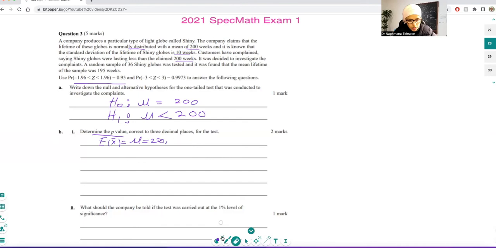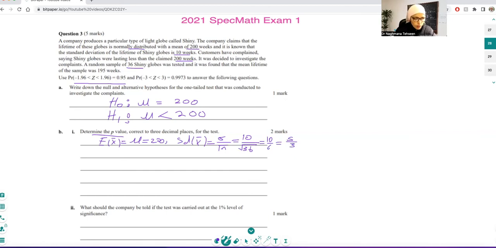We use that the standard deviation of the mean is equal to sigma over root n. So n is 36, and we get 10 over the square root of 36, which is 10 over 6, which gives you 5 over 3.